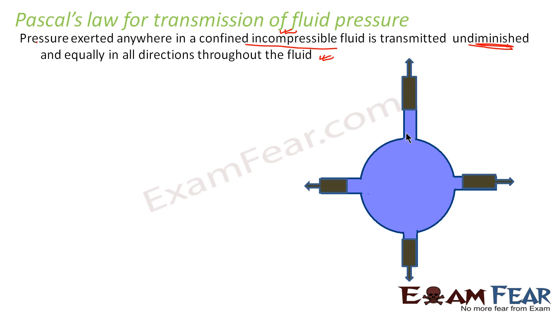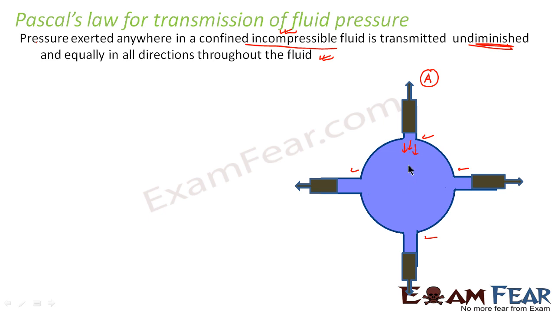Let us look at the same example. We consider a circular vessel with 4 openings as shown in this figure, and along these 4 slits we have placed 4 pistons which are movable. Let us call this piston A. When piston A is moved downwards, a pressure is exerted in this direction on this liquid.